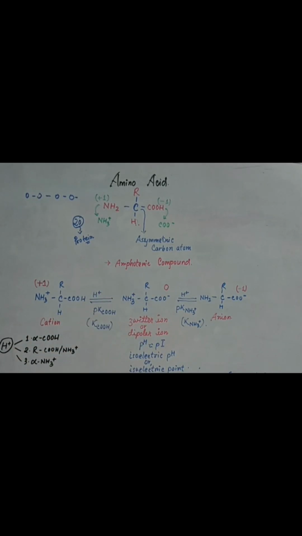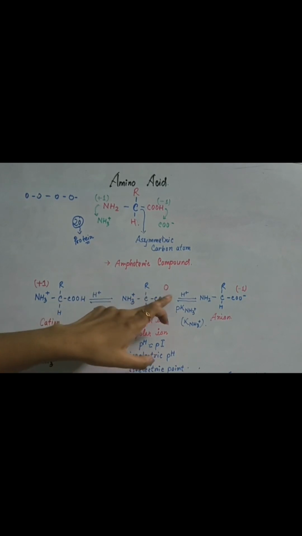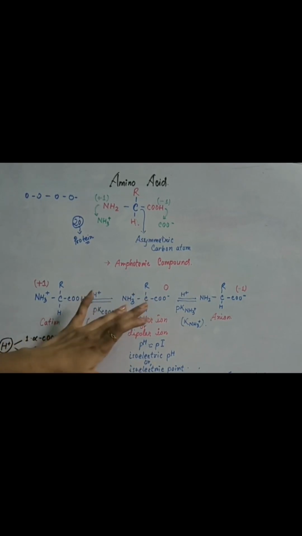Therefore, the pH at which the zwitterion is formed is called the isoelectric pH or isoelectric point. Now, the zwitterion carries a total net charge of 0. Why? Because the amino group with the positive charge and the carboxyl group with the negative charge are in equal number. So the net charge is 0.